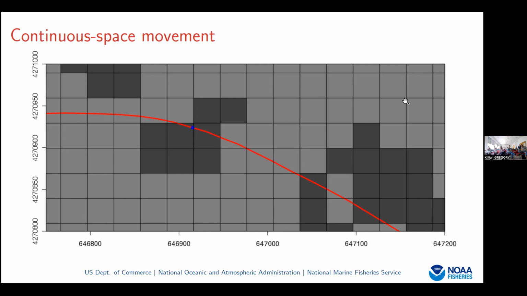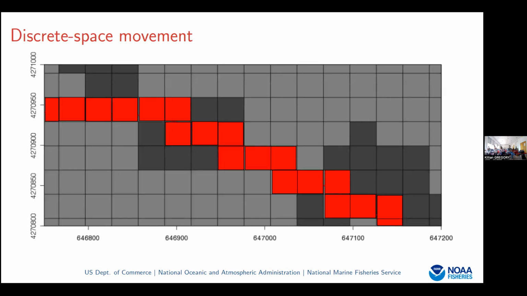What we're going to do instead is try to model that path in terms of just the cells, because that's all we care about. So when did I move to a new cell? Why did I move to that cell? How long did I stay in the cell? That type of thing.